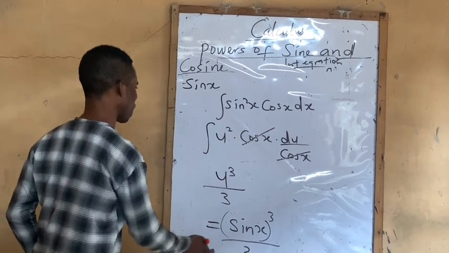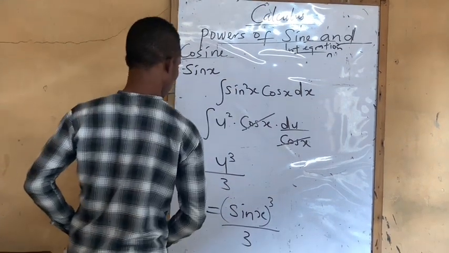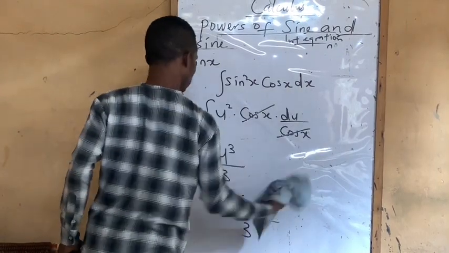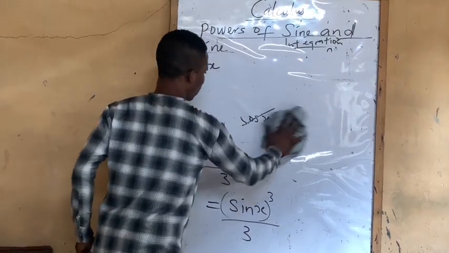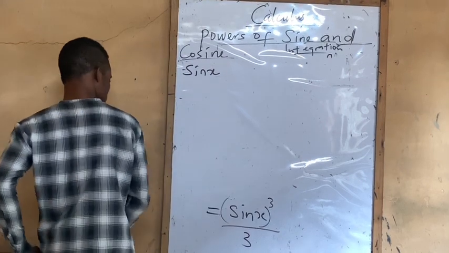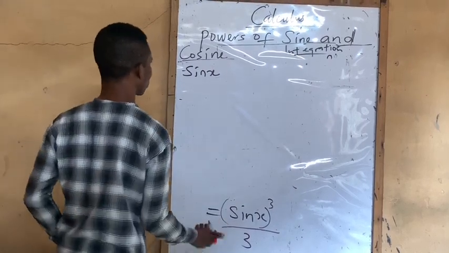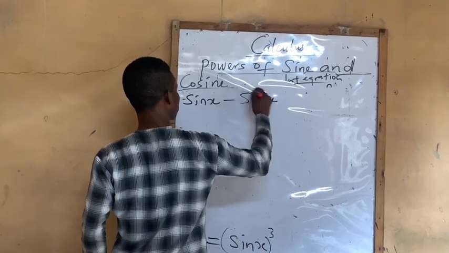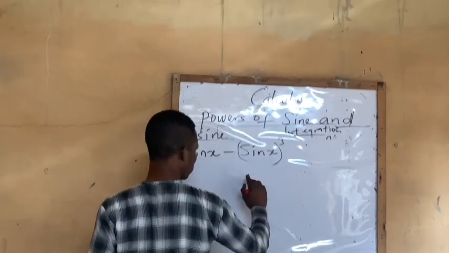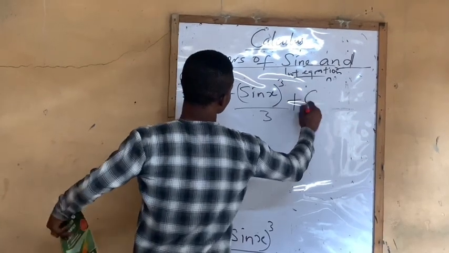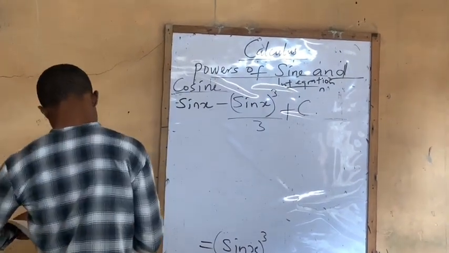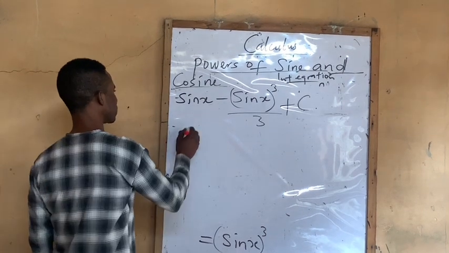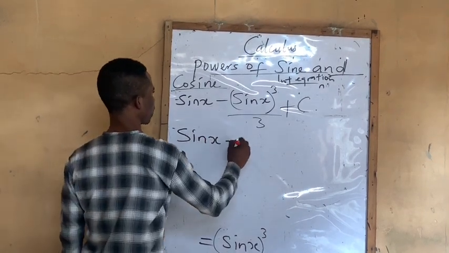So let me join it together with this one before I write plus c finally, and neglect this du. Our final answer is going to give us sine x minus sine x raised to power 3 all over 3 plus c. Yes, plus c. And also, you can write it like this; it's still the same thing.